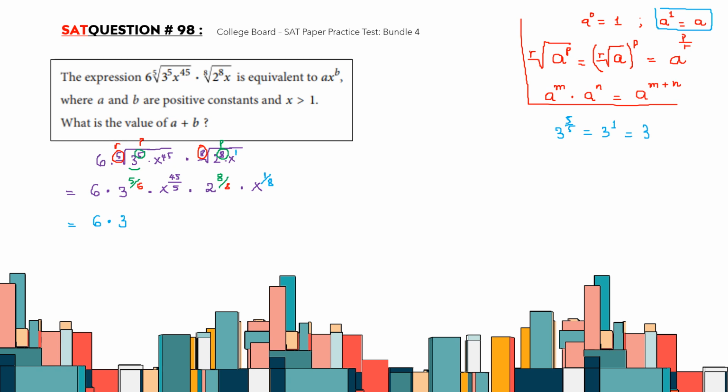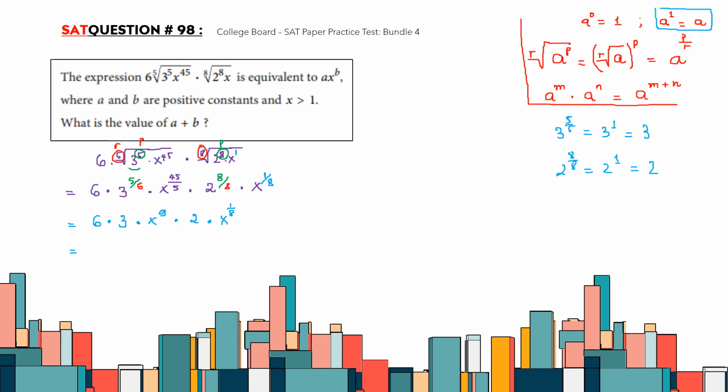Now multiply by x to the power of 45 divided by 5, which is 9. Multiply by 2 to the power of a over a, which is 2 to the power of 1, that is 2. Now multiply by x to the power of 1/a. We cannot simplify this one, so we just rewrite it.